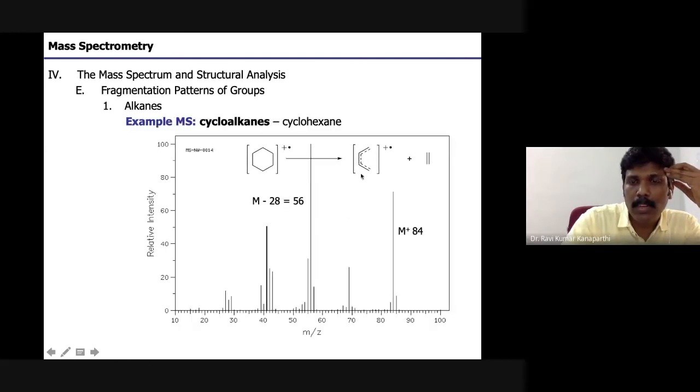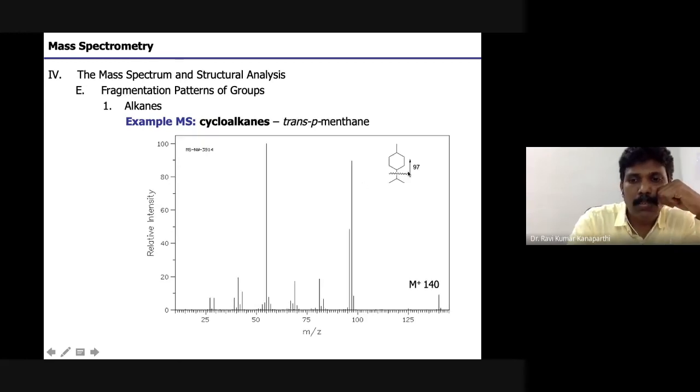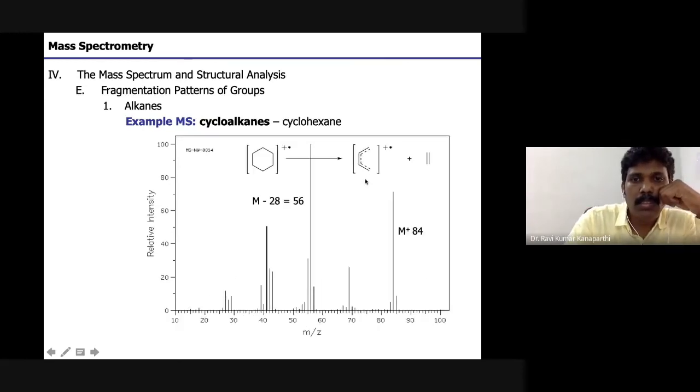You can see there are 4 carbons, 4 times 12 is 48, right? 48 plus how many hydrogens? There are eight or nine hydrogens, I think 8 are there. So 48 plus 8 is 56.